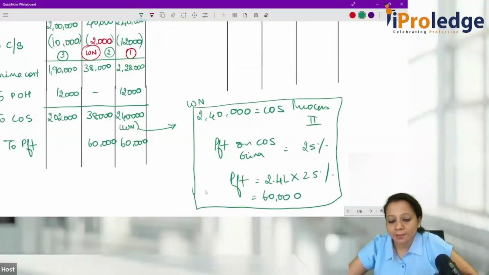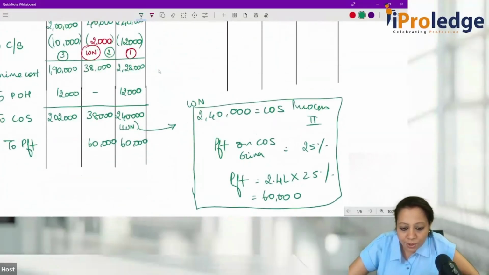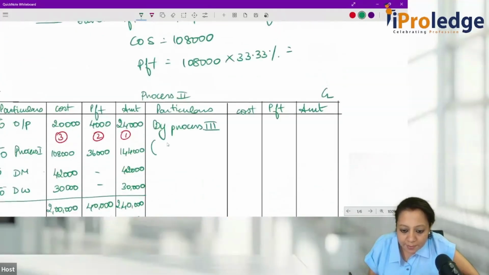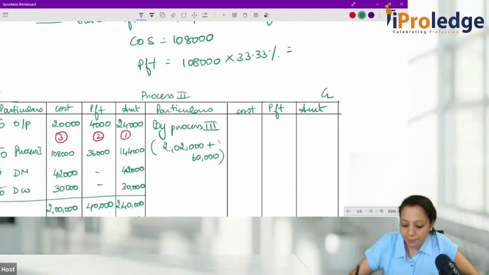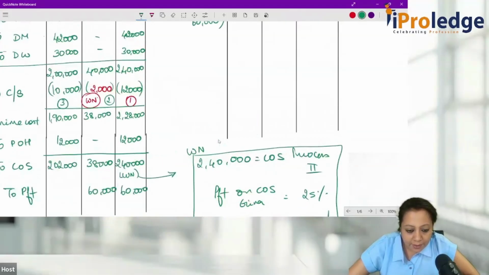So shall we proceed? By process three, how much did we get? Cost was 2,02,000 plus 60,000, 2,62,000. And already we had a profit of 38,000.